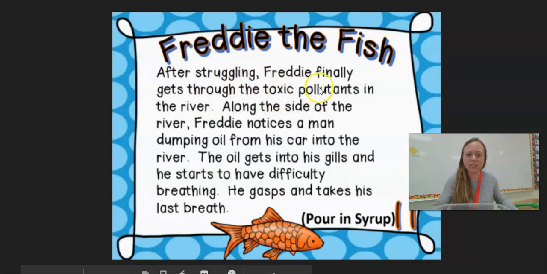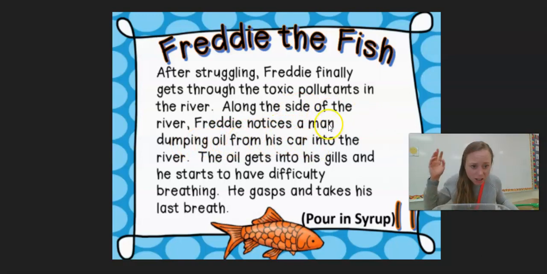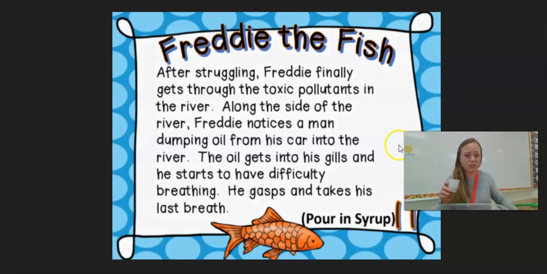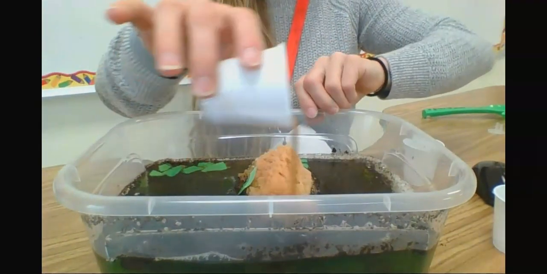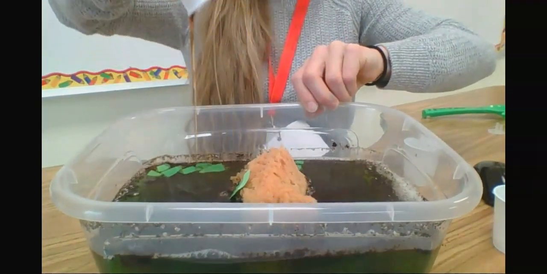After struggling, Freddie finally gets through the toxic pollutants in the river. Along the side of the river, Freddie notices a man dumping oil from his car into the river. The oil gets into his gills and he starts having difficulty breathing. He gasps. And Freddie takes his last breath.